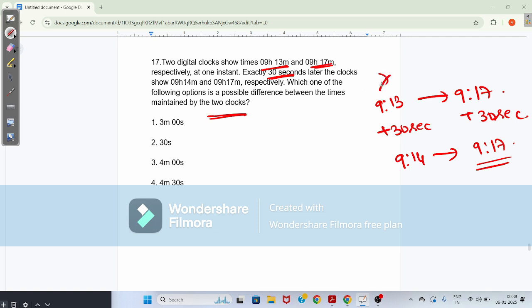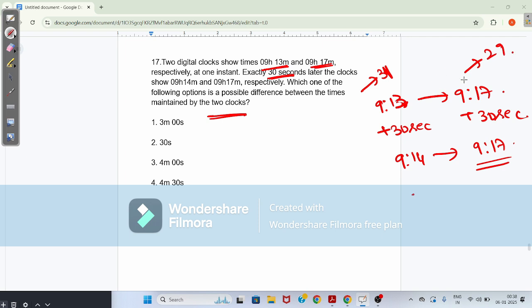Consider here the clock will have the amount 9:29. So here 9:29 and 30 seconds it has been formed. Now what will be the difference after some time? After 30 seconds here it becomes different. For this clock the time will be 31 seconds, and for the other, 29 seconds.